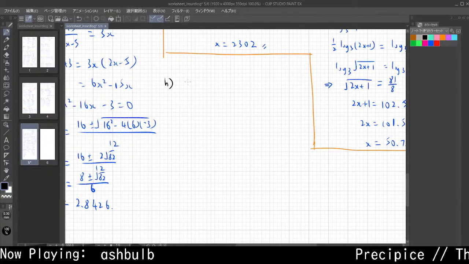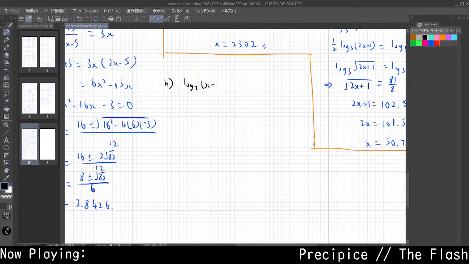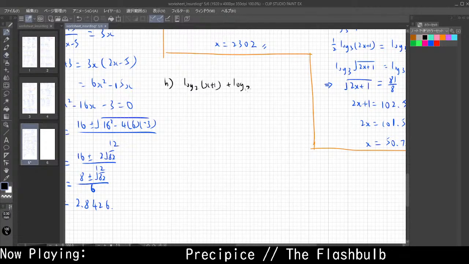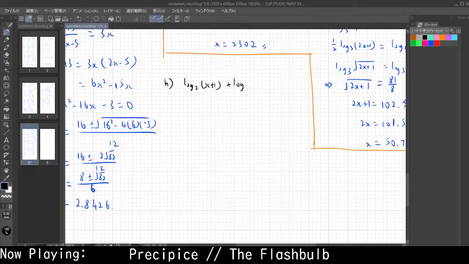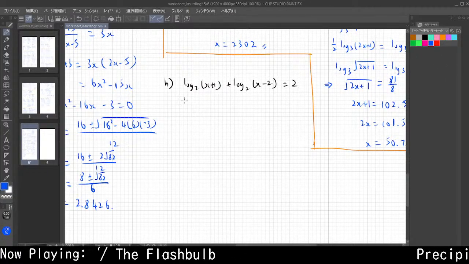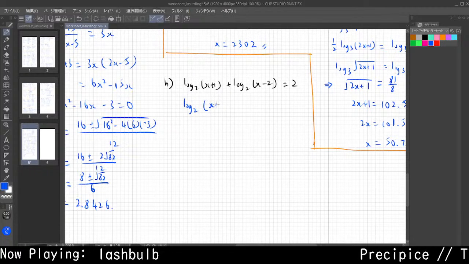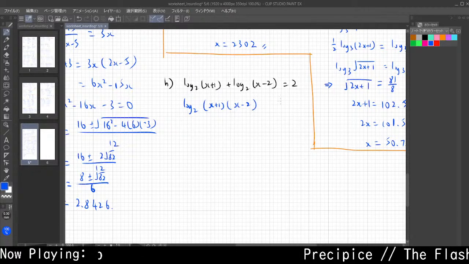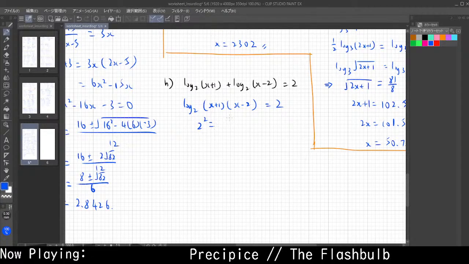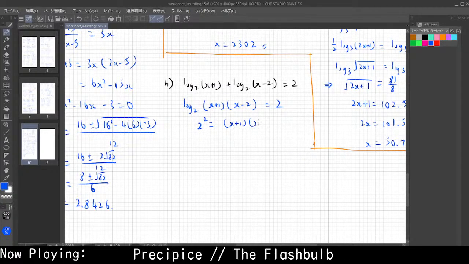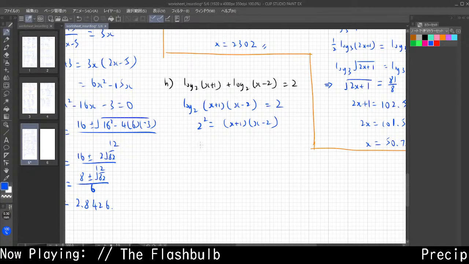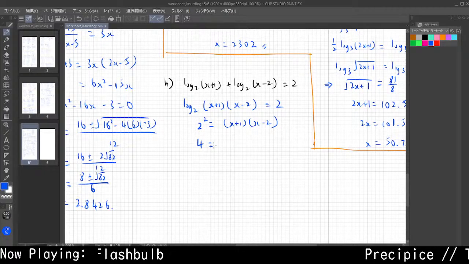Okay, H: log base 2 of x plus 1 plus log base 2 of x minus 2 equals 2. Plus is multiply, change into index form. 2 squared equals these two brackets multiplying together. 2 squared is 4.